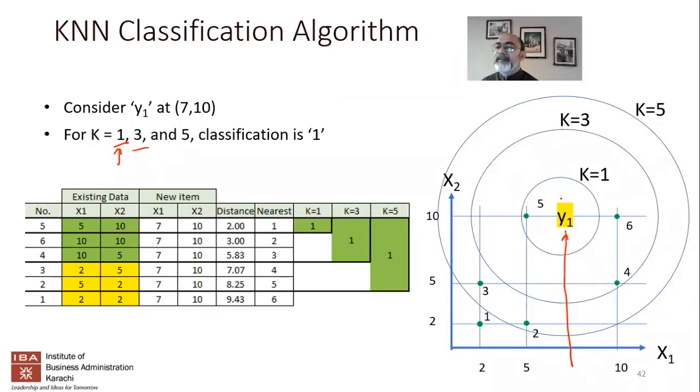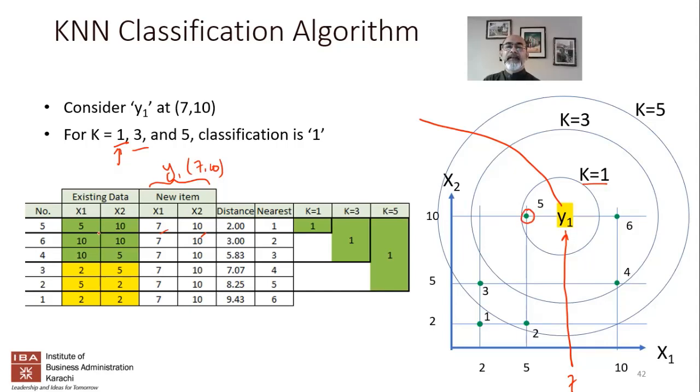This y1 is the point we're trying to classify. It is 7, 10, a 7 over here and a 10 over here. For k equal to 1, you would draw a circle, and eventually you would find that this is the nearest neighbor.